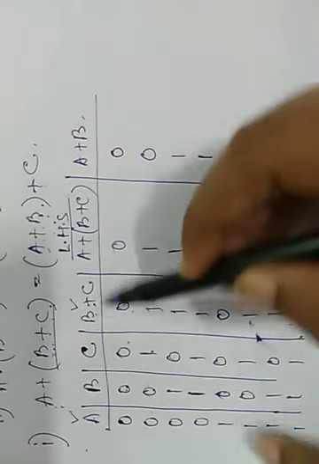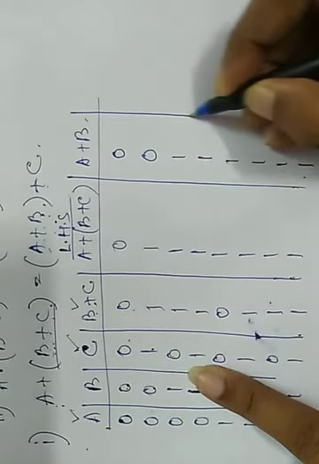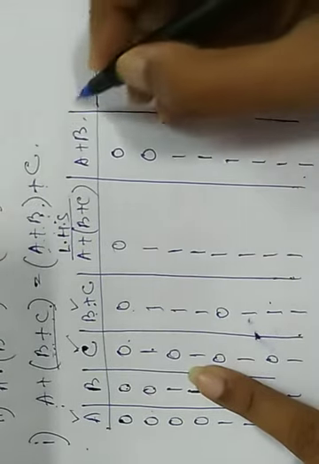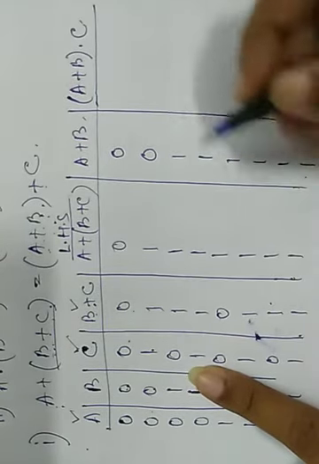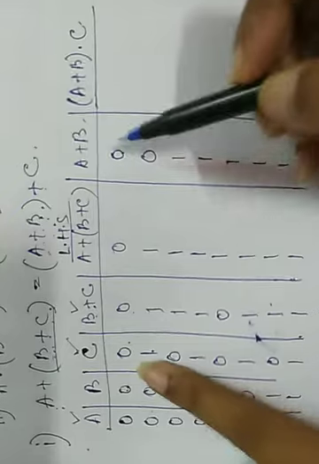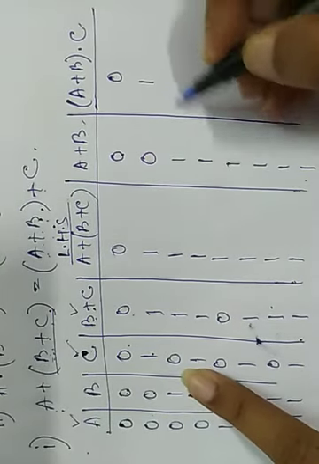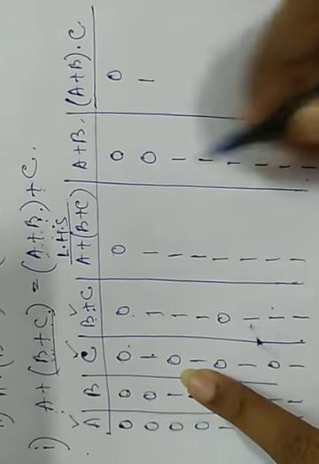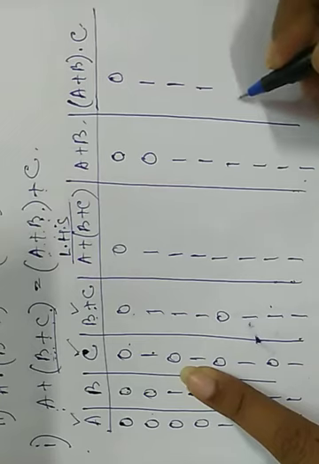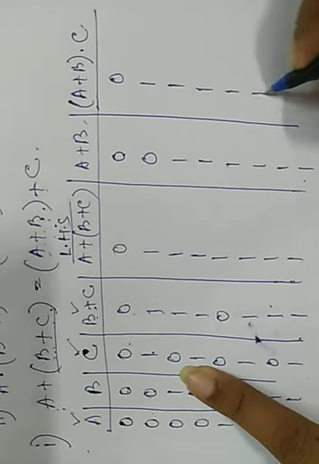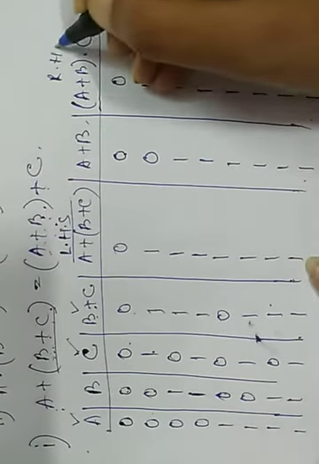Then we have to do the OR operation with the C column. So A plus B with C is 0, then 1, and the others are all 1. So this is the right hand side.